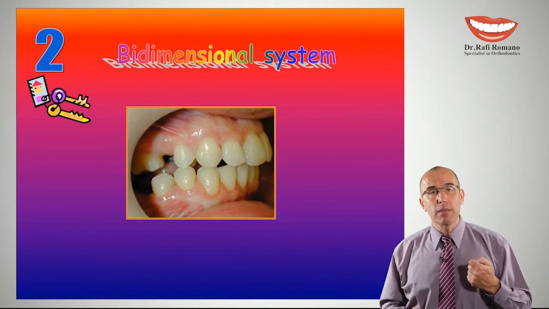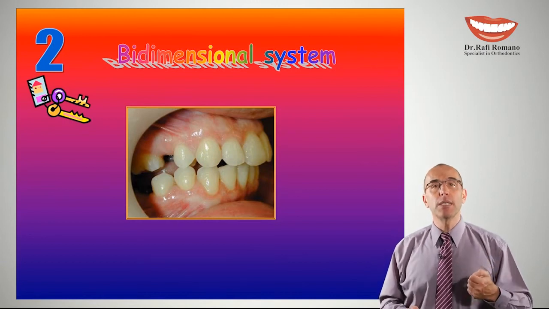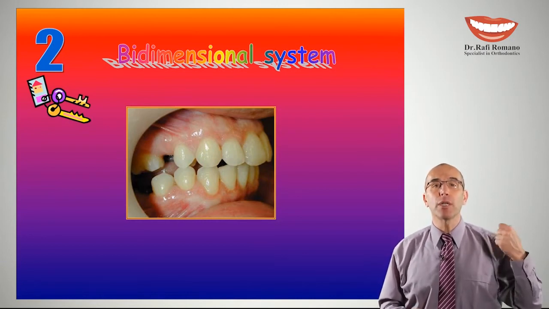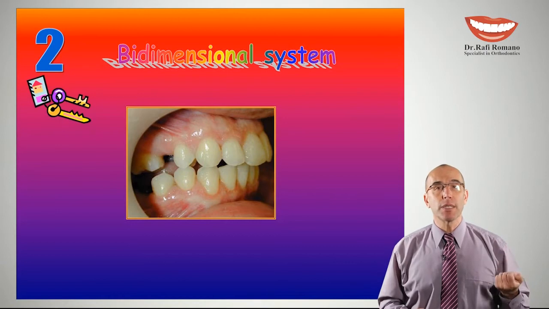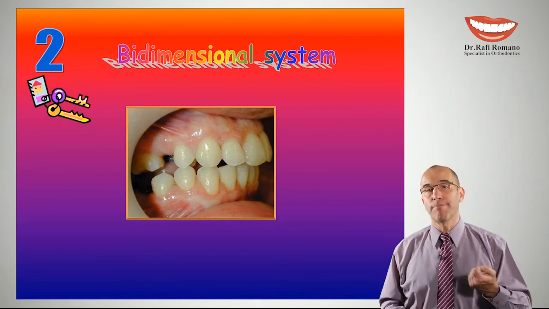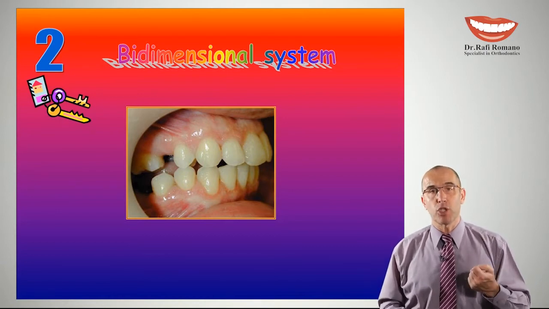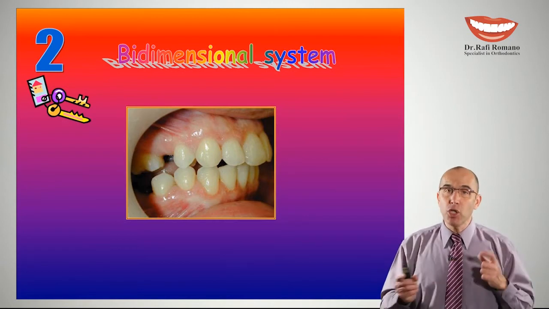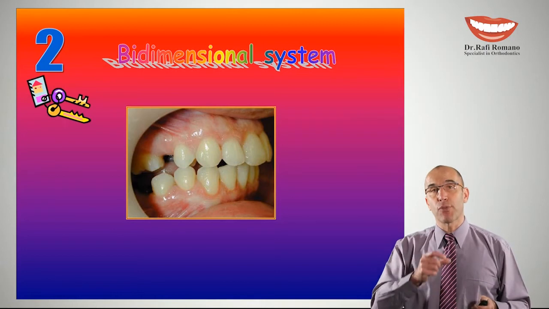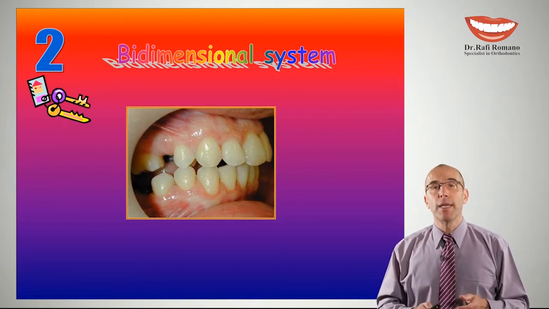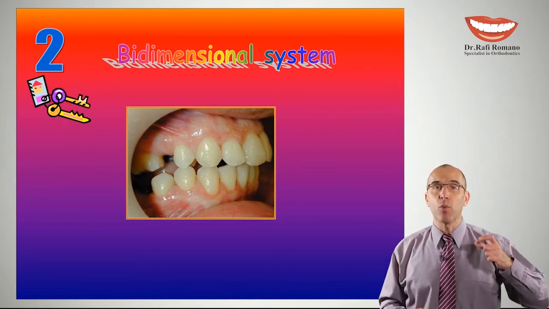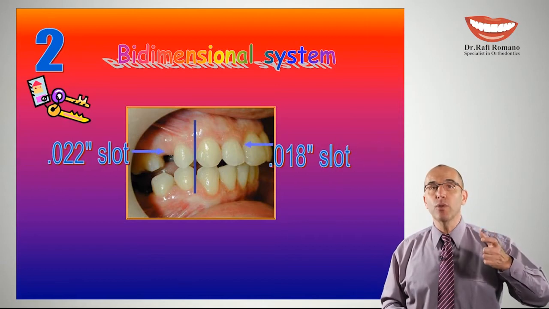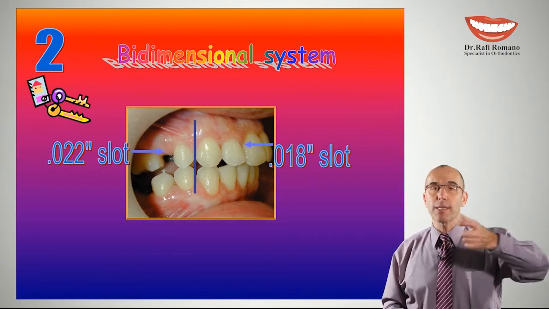The next option is to use a bidimensional system. A bidimensional system is not affected in the joy bracket, which is all 18 slot, but we can use a combination of joy bracket in the front, which is 18 slot, and some other bracket with a slot of 22, where we have good sliding.